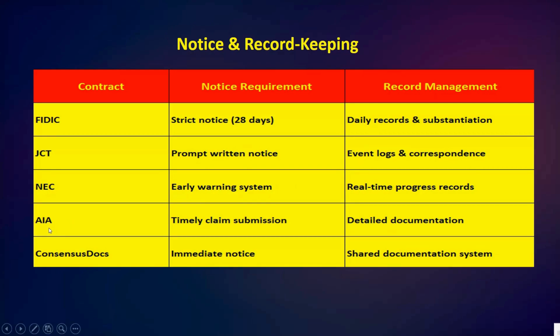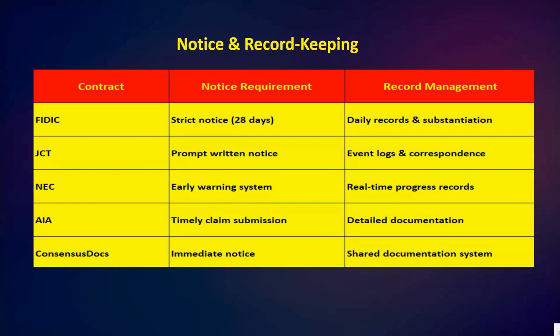So next we have AIA. AIA requires timely claim submission with detailed backup documentation. So in the last we have the consensus docs. Consensus docs encourage, you can say, immediate notice and shared access to records between all the parties. Shared documentation system, immediate notice.